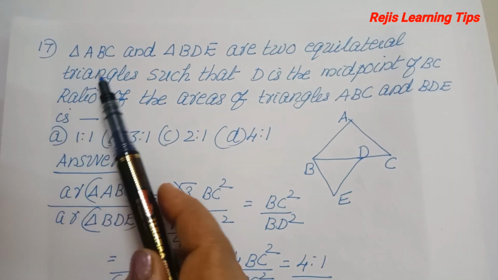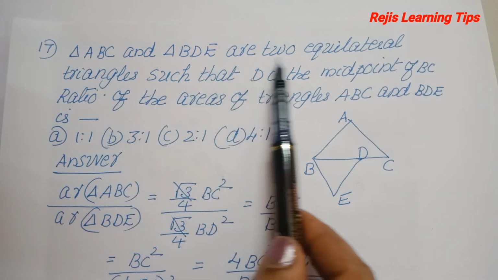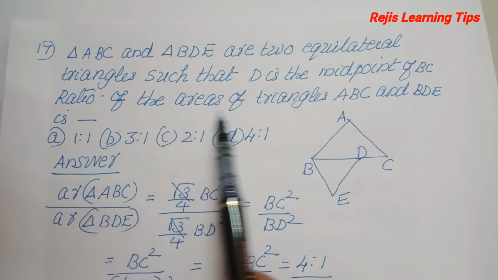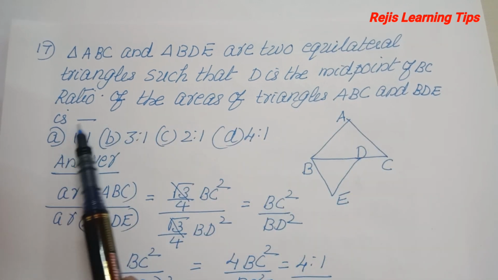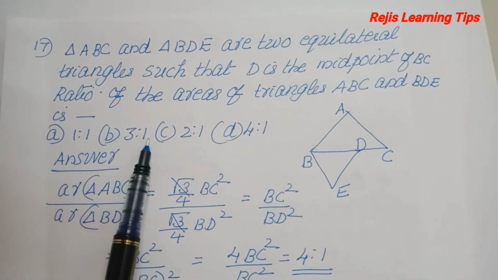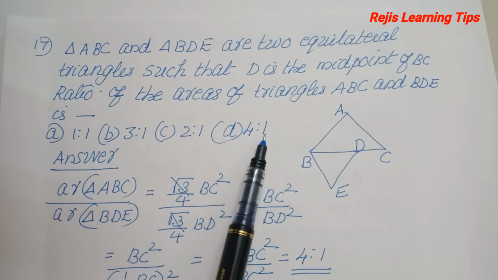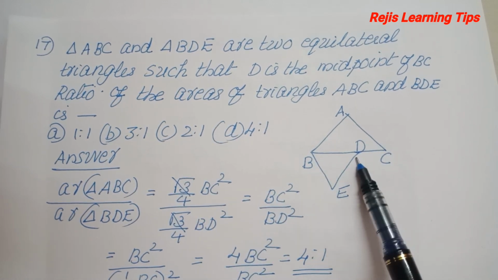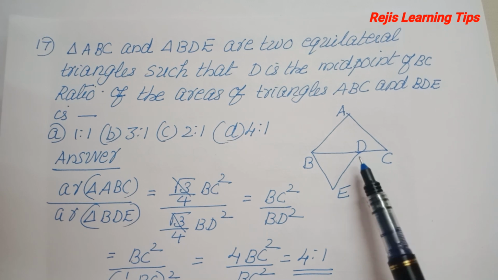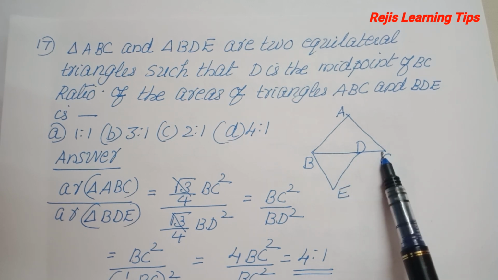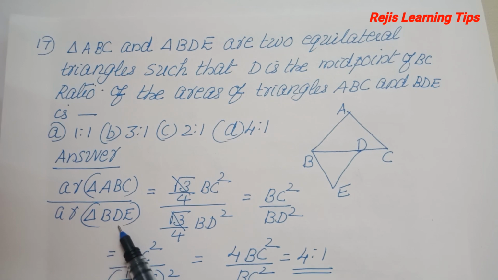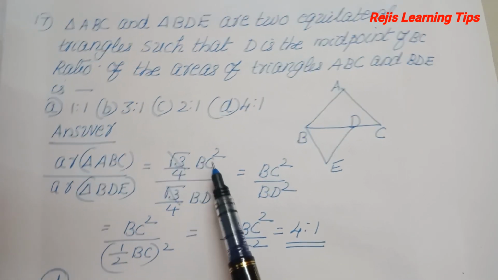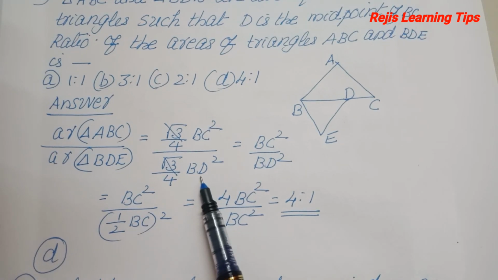Then 17th question: triangle ABC and triangle BDE are two equilateral triangles such that D is the midpoint of BC. The ratio of the areas of triangle ABC and BDE is A 1:1, B 3:1, C 2:1, D 4:1. So the area of triangle ABC divided by the area of triangle BDE is root 3 by 4 BC square over root 3 by 4 BD square.